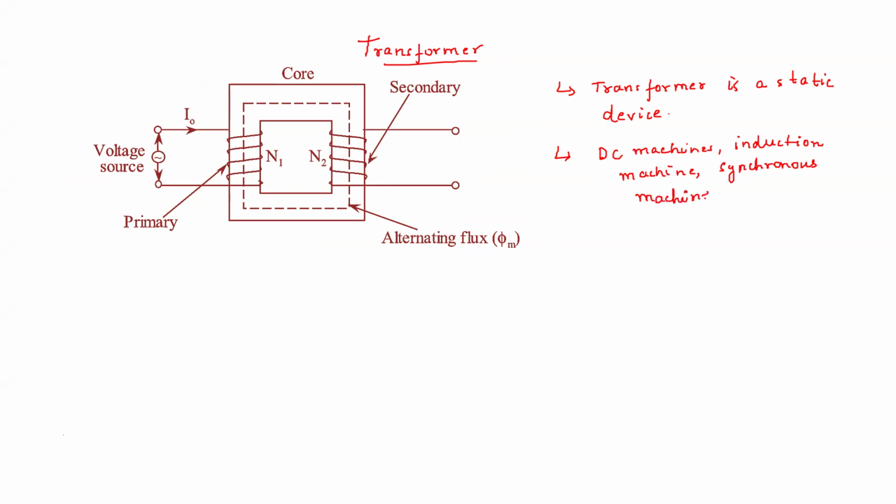So there are two types. If someone says this is basically electrical machines, why is it electrical machines? Because it has rotating parts also. Electrical is short for electromechanical. So electrical machine is a short form of electromechanical machine.